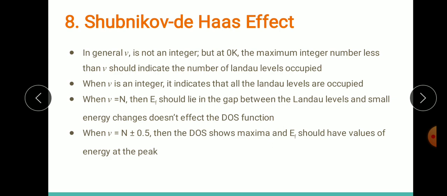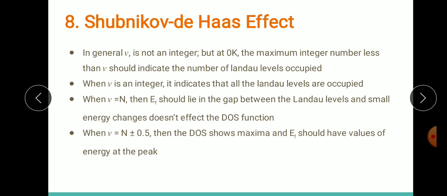This indicates that there are 5 Landau levels which are occupied. If V is not an integer, the maximum integer less than V, if it is 5.3, is 5, which indicates there are 5 Landau levels which are already occupied.